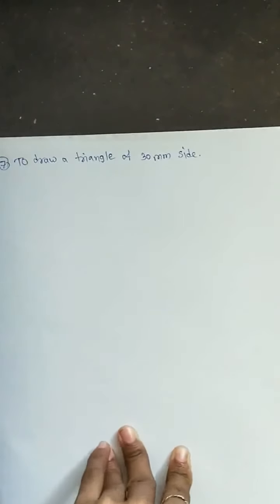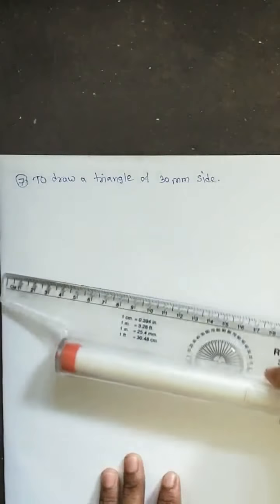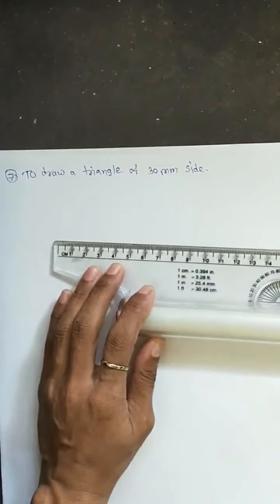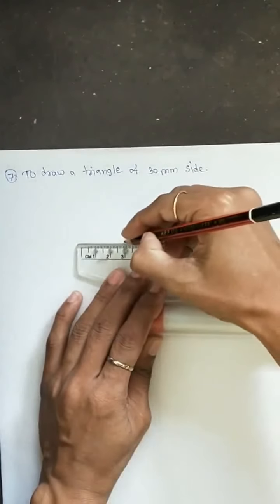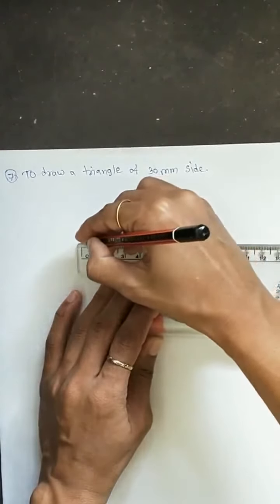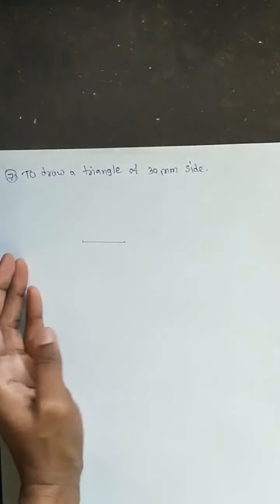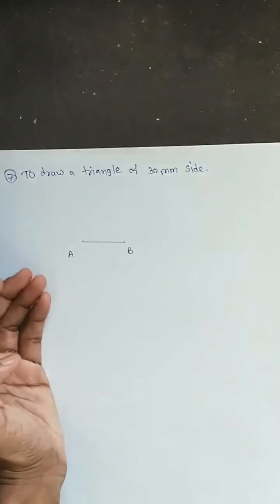So how to draw a triangle of 30 mm side? So first of all, draw a horizontal line of 30 mm. So this is 30 mm distance, and give name to these points as point A and B.